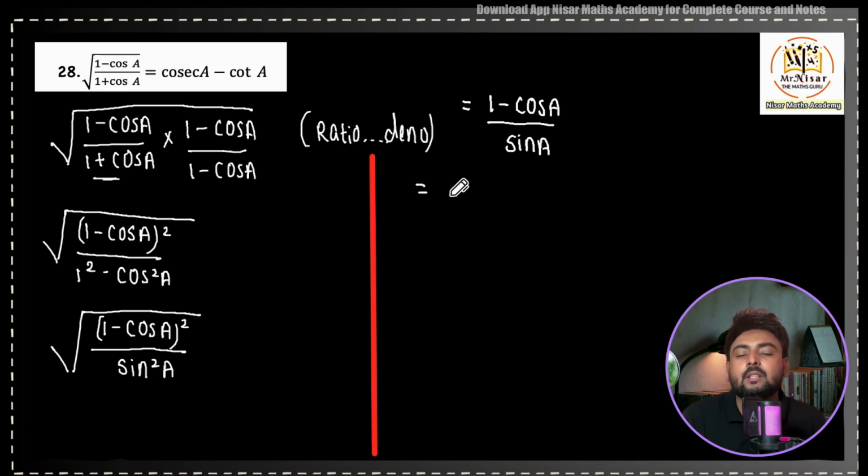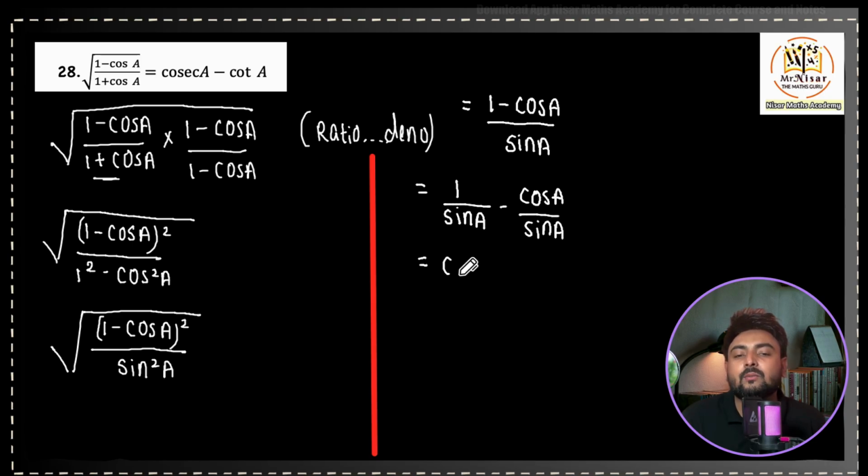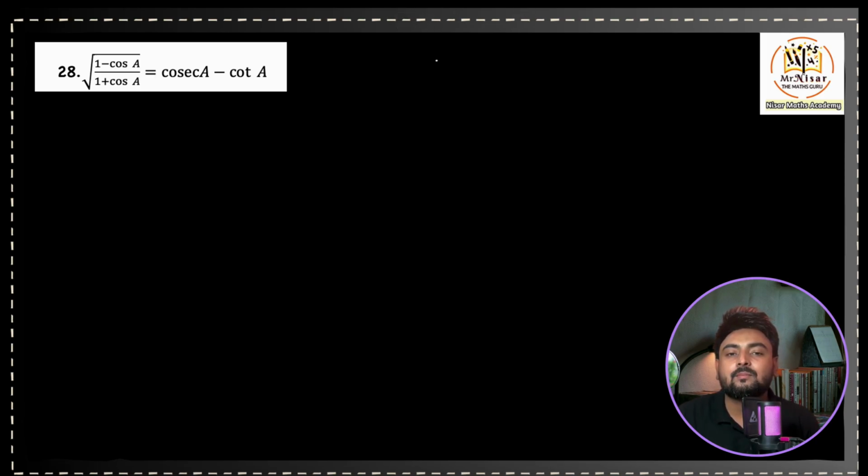Just separate the denominator: 1 by sin a minus cos a by sin a. 1 by sin means cosec, it is the reciprocal, and cos by sin means cot. This is the final answer. I hope it is quite clear too. It was the same question as the previous one. Without wasting time, let's move to the next question.